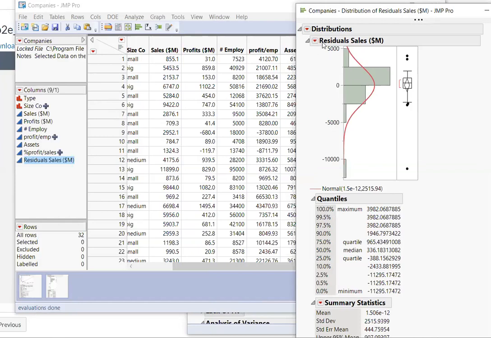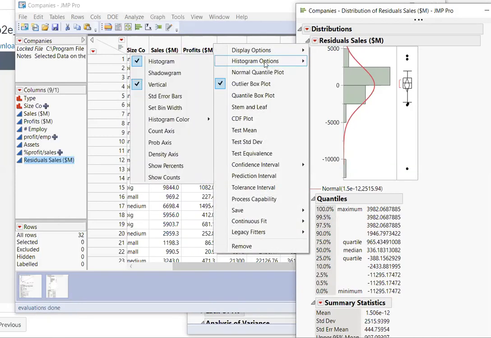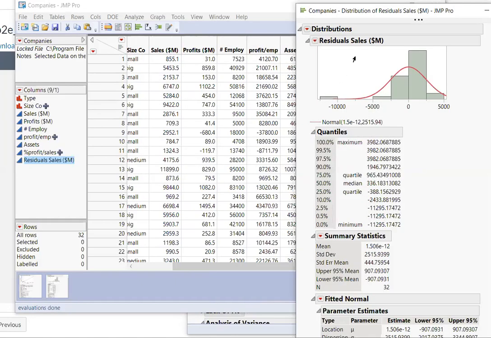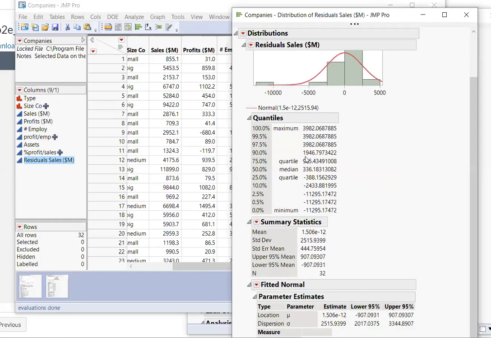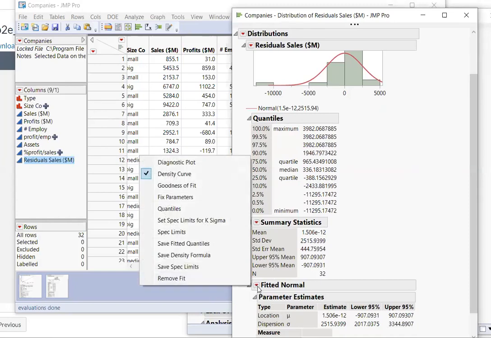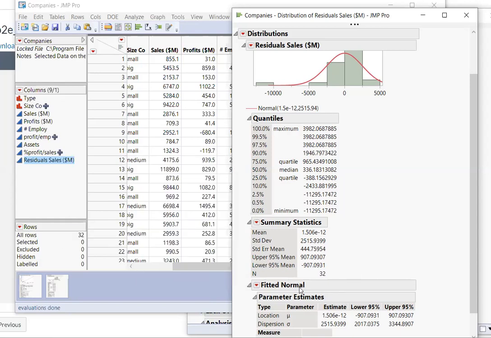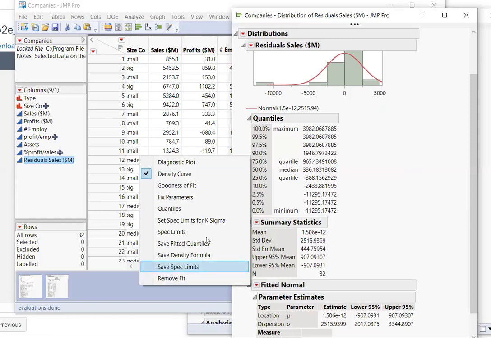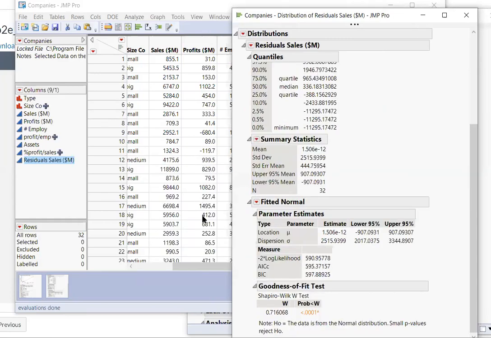You do that, that creates that normal curve. I want to see that histogram with rotation 90 degrees. Now it's time for me to find Shapiro-Wilk. It should be right here: goodness of fit. Under the fitted normal table, with the triangle, goodness of fit, that gives you Shapiro-Wilk. It's right there.